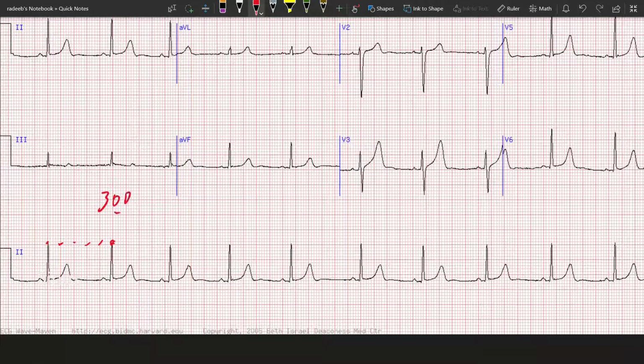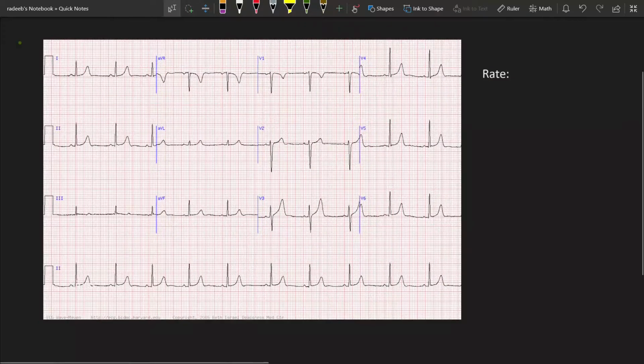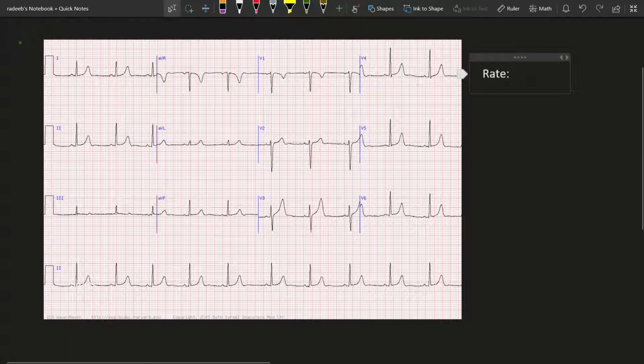You take 300 and divide it by 5, and that gives you 60 beats per minute. So with all the methods that we used here, we get the same answer. You don't have to use more than one method, but just use an appropriate method. And so for here, we have 60 beats per minute.